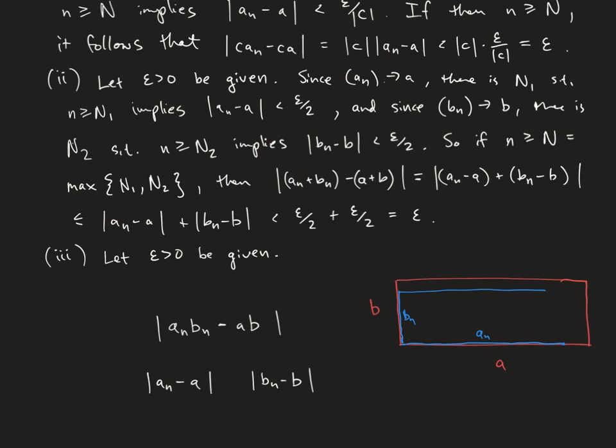Okay, so AnBn is going to represent the area of a rectangle, which is kind of a sequence of rectangles approaching the big red rectangle, right? So you have a sequence of these blue rectangles, which is approaching the red rectangle. And what we have here is the difference between these two areas, right? So AnBn minus AB.